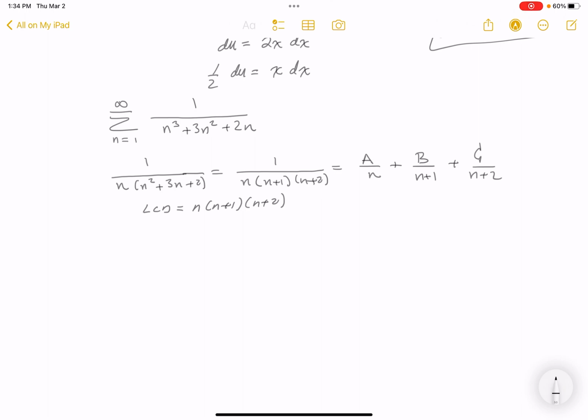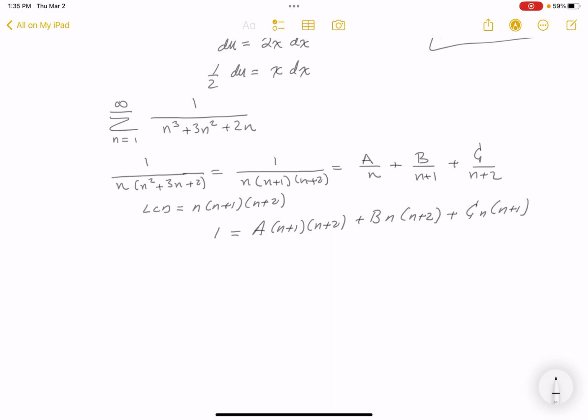What are you going to get? Well, both sides get multiplied. When I multiply the left side, I get 1. And when I multiply the right side, I get a times n plus 1, n plus 2, plus b times n times n plus 2, plus c times n times n plus 1.